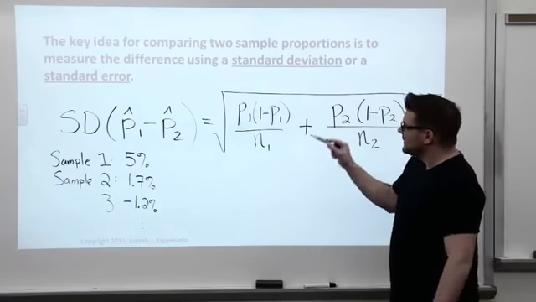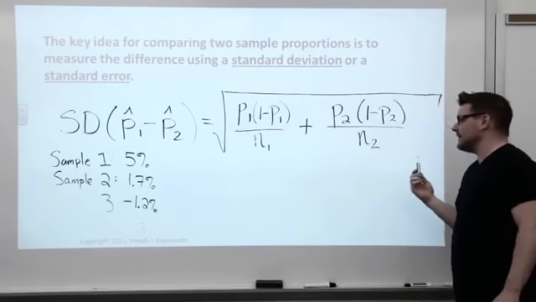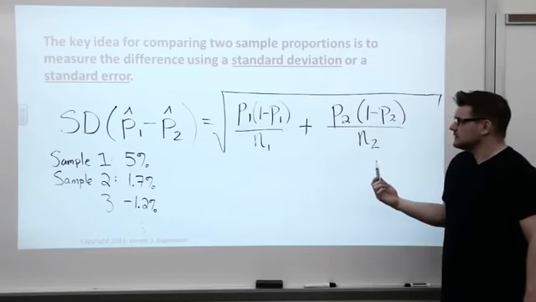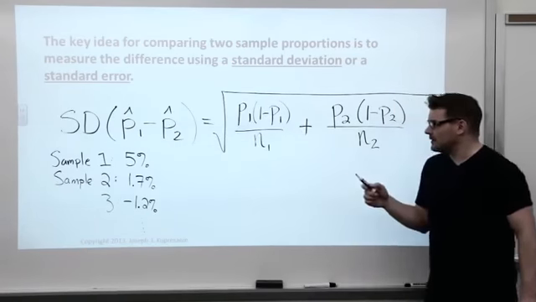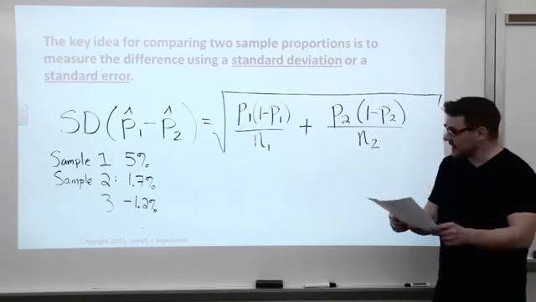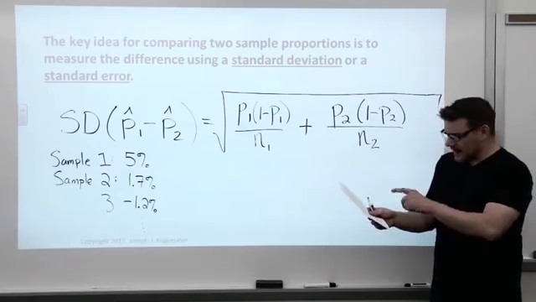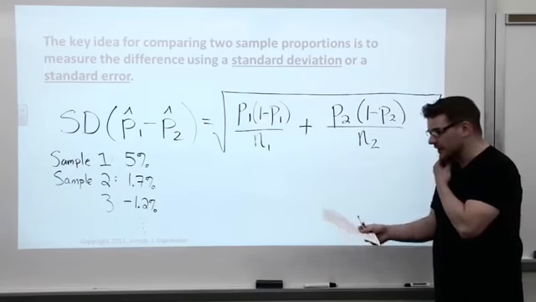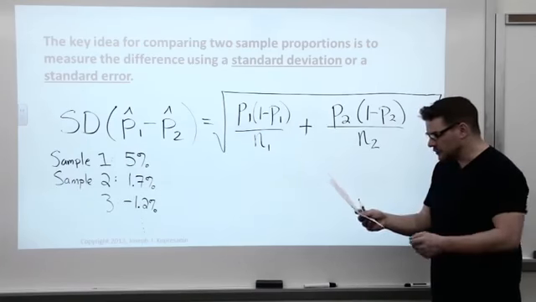Now, this formula is sort of in the theoretical world. I'd love to know P1, but I really won't know that. At the bottom of the sheet, and I'm going to keep this slide up, you can see this formula assumes that we know the values of P1 and P2, which we won't.